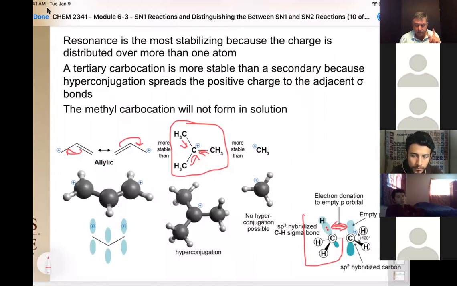It can only do this with one of the hydrogens on each of the methyl groups, because only one can be aligned with the empty p orbital.